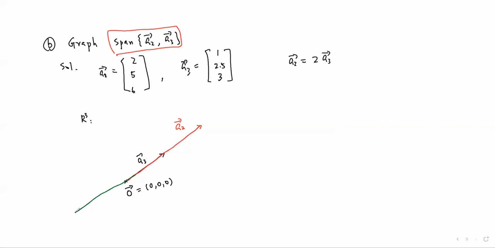This is the graph of this set. Because A2 and A3 are on a line, they span also a line. This is question B.